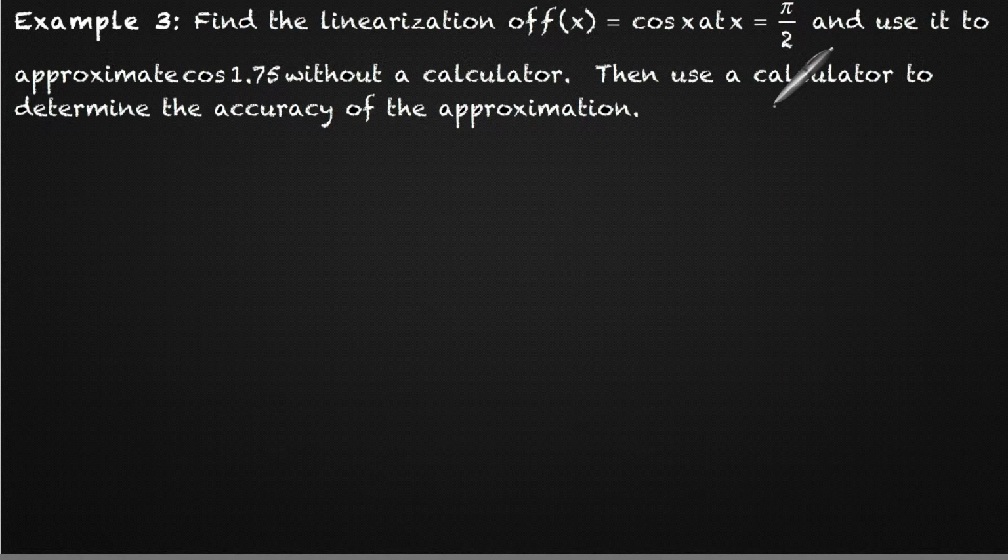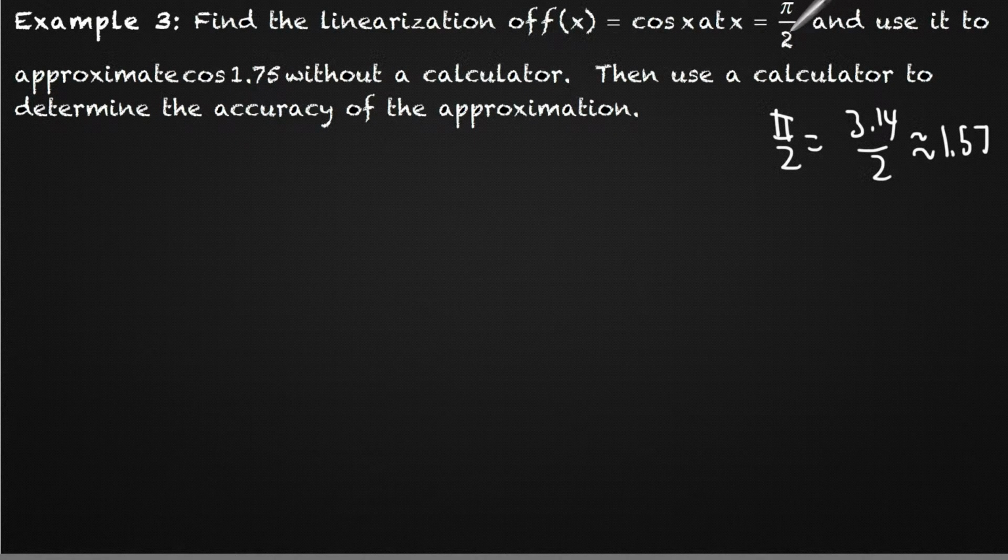All right, so pi over 2 we can say is 3.14 over 2, which is approximately 1.57. So it would make sense to use pi over 2 as the closest known point on cosine of x to approximate cosine of 1.75. So let's go ahead and do that.